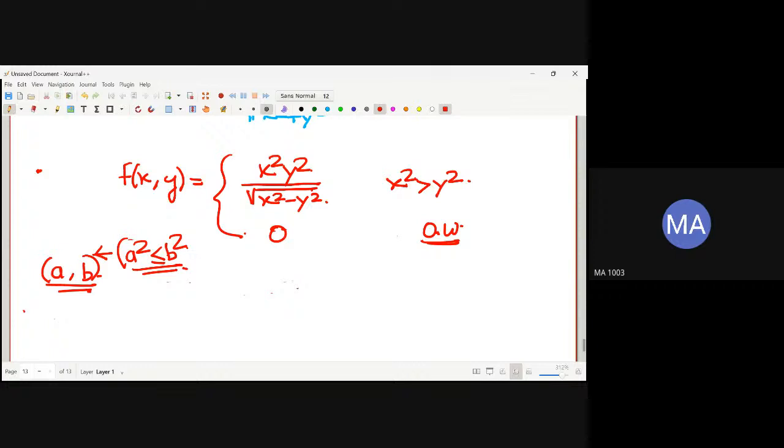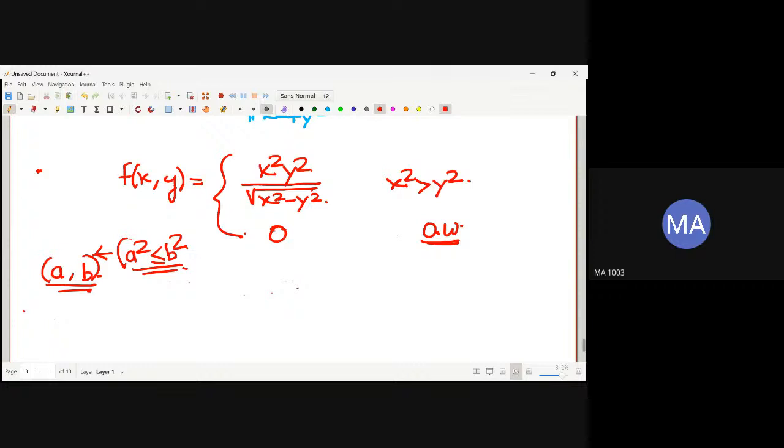If I consider the one where a square equals b square, I don't think the limit exists here. The only portion left is this one.